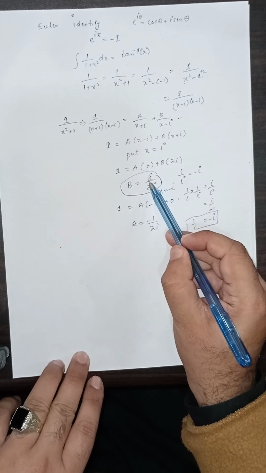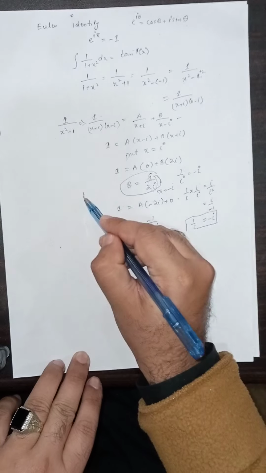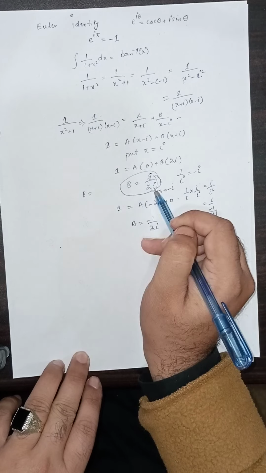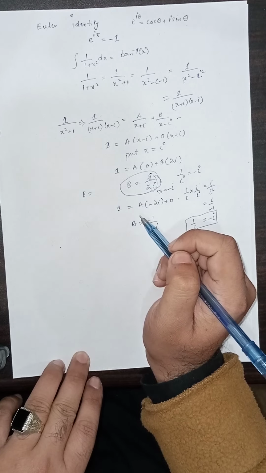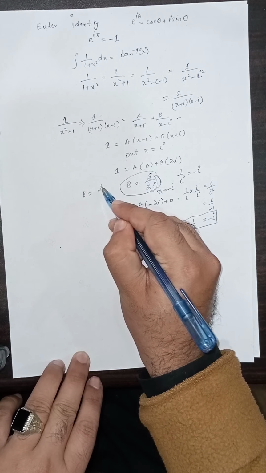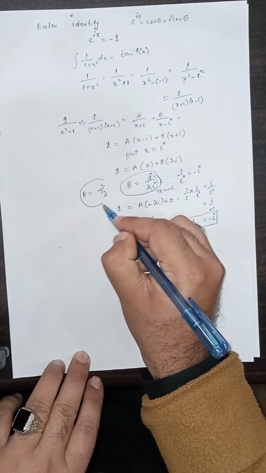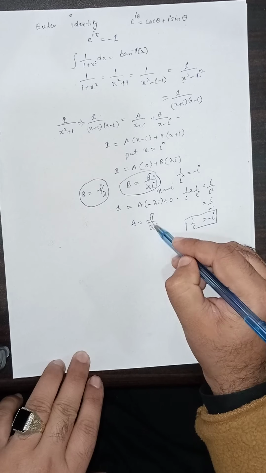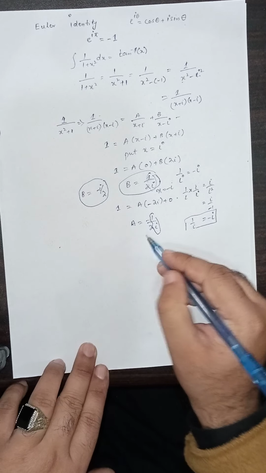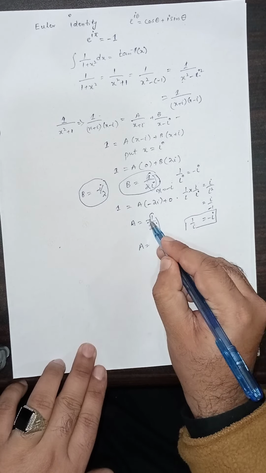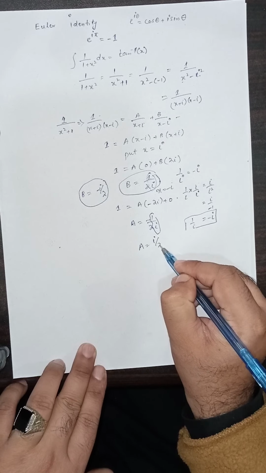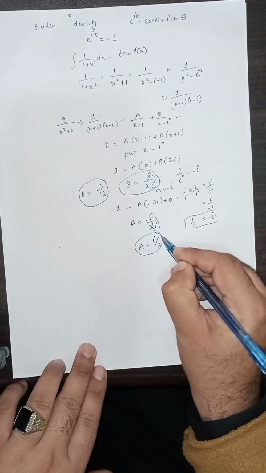So in the place of 1 over i, I can write B = −i divided by 2, and A = −(−i)/2, so minus with minus is plus, so i divided by 2.